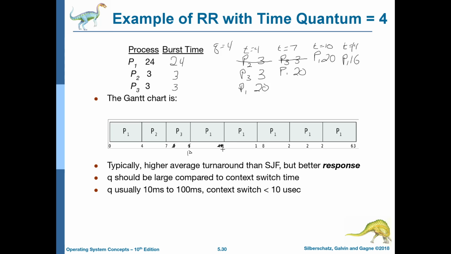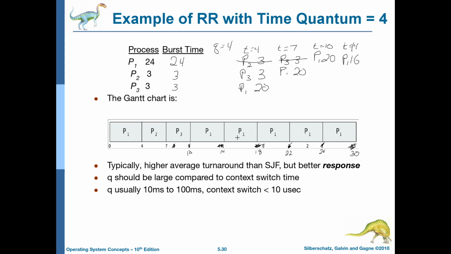So process 1 runs to 14 milliseconds, then it runs to 18 milliseconds, and then it runs to 22 milliseconds, then it runs to 26 milliseconds, and then finally it terminates at 30 milliseconds.